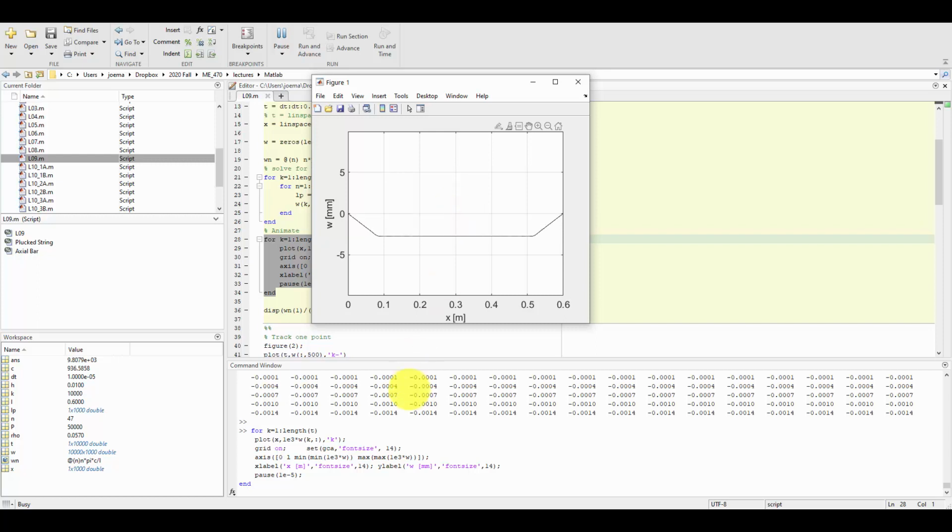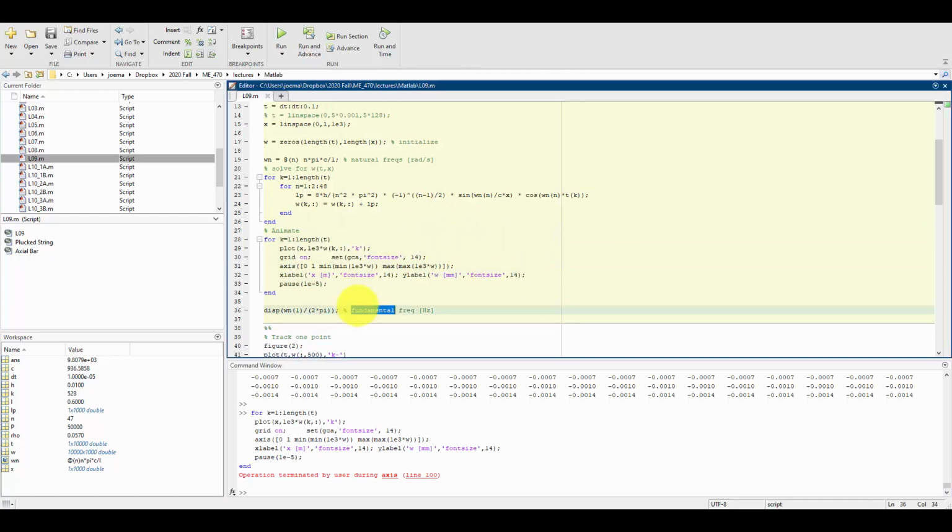So it is just going to oscillate up and down, and it's going to keep doing that forever because no energy dissipation is going to be included in the model for this system. So it's just going to keep bouncing up and down. So I'll stop that because it just keeps going over and over again. And so that's the animation. That's what W of x and t is doing.